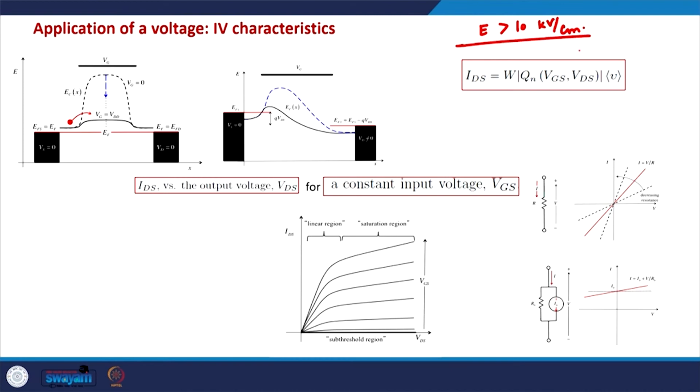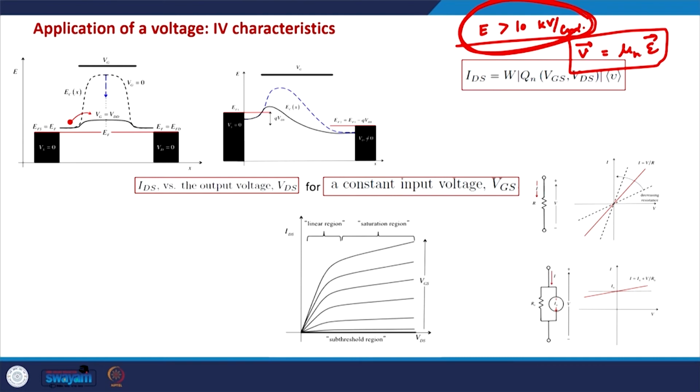There is a relationship between velocity of electrons and the electric field. According to this relationship, the velocity should increase as a function of E, but because of the scattering in the semiconductors, after this range of electric field, the velocity does not increase linearly with electric field, it starts saturating.